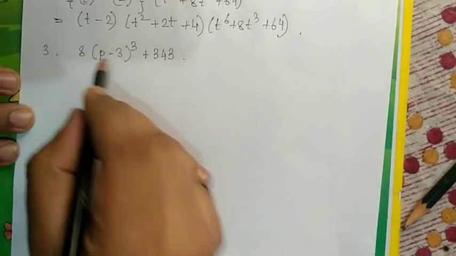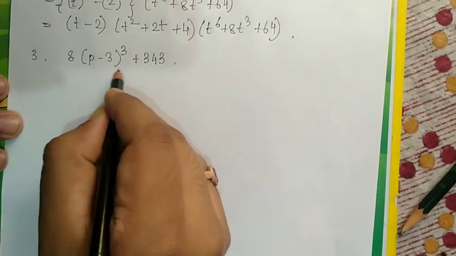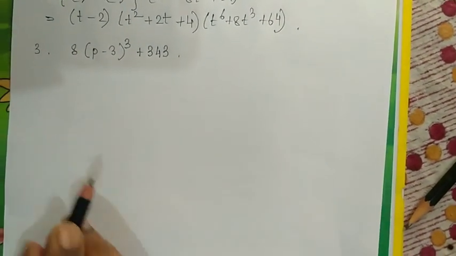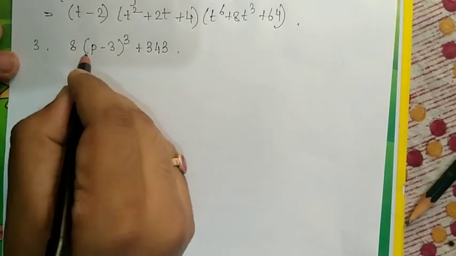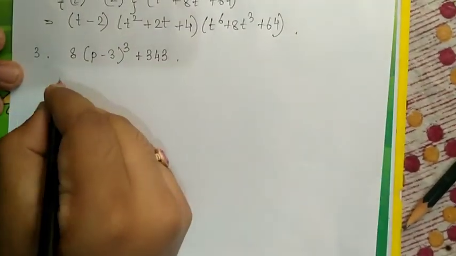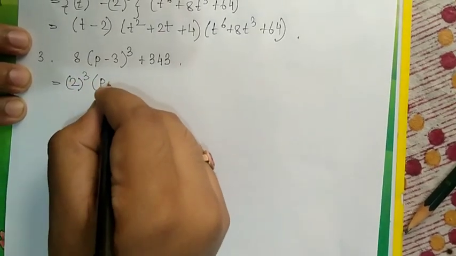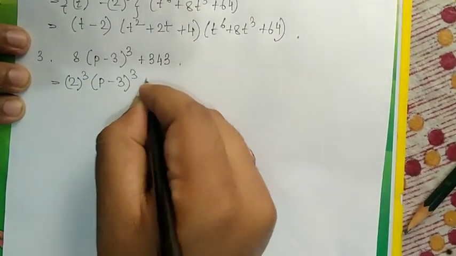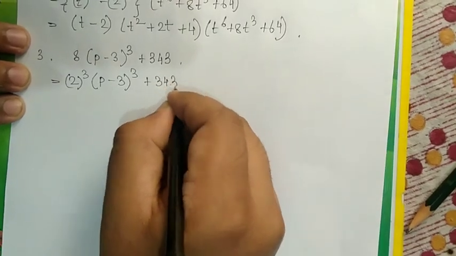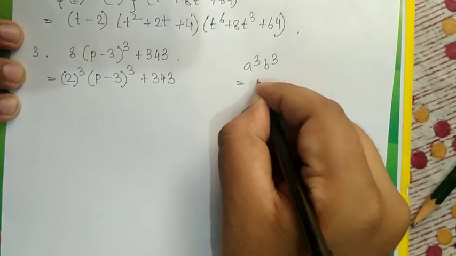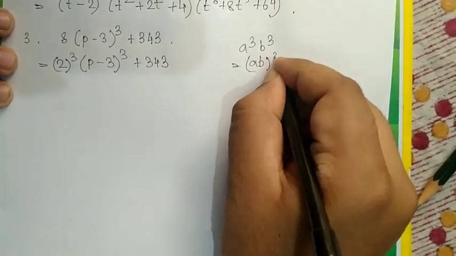This is sum number 3, 8p minus 3 whole cube plus 343. Now here we have to put this 8 into this bracket. So 8 is 2 whole cube, p minus 3 whole cube plus 343. Now a cube into b cube, we can write in this formation, ab whole cube.